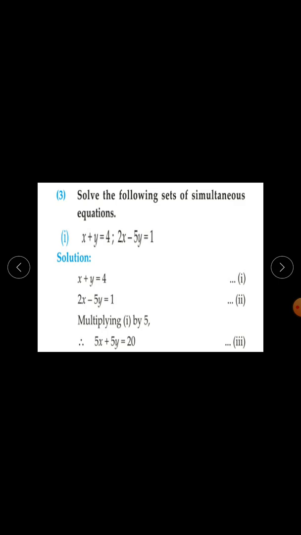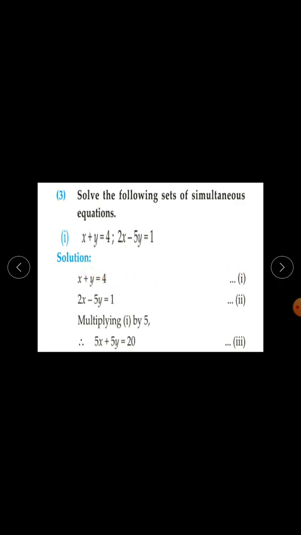Here for x the coefficients are 1 and 2, and for y the coefficients are 1 and minus 5. So not a single coefficient is equal or opposite number. Hence we will make one of them equal.